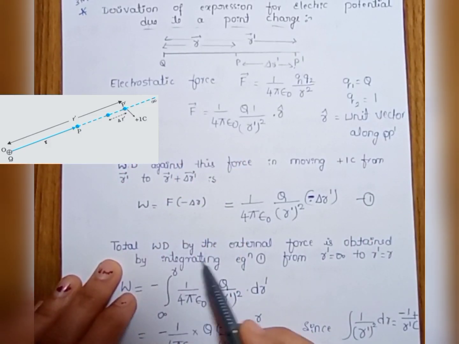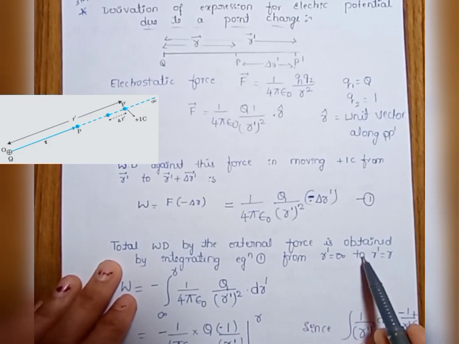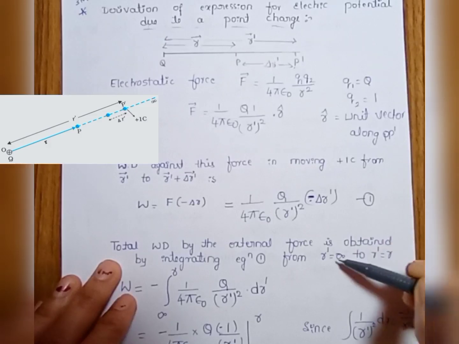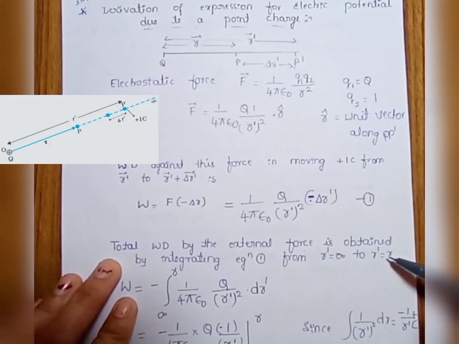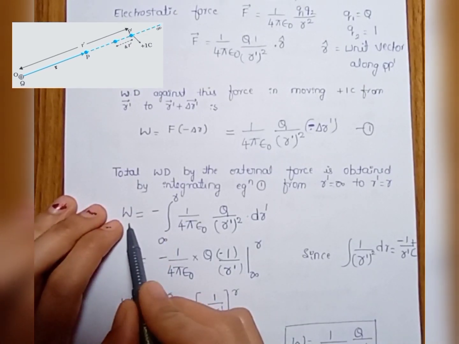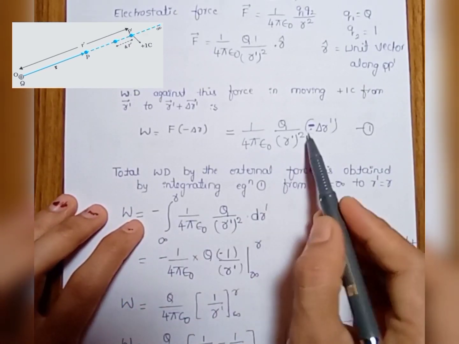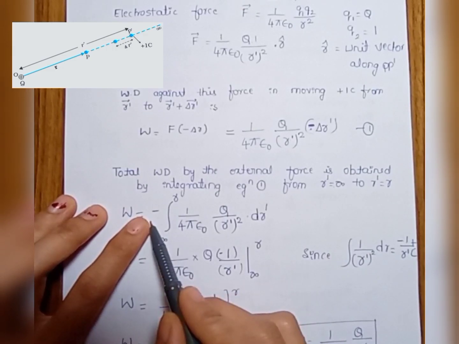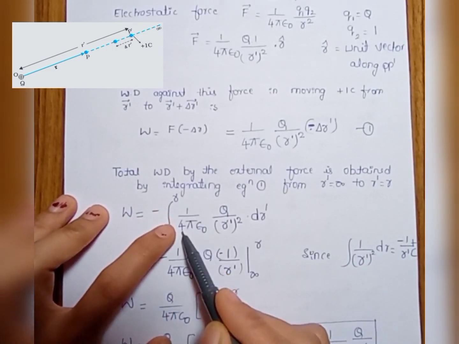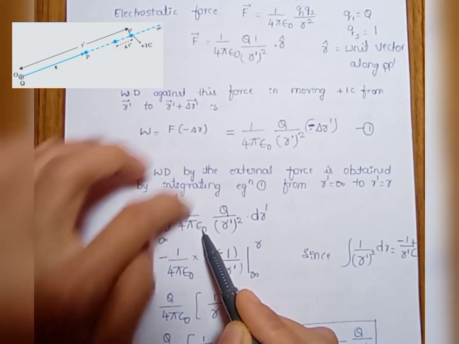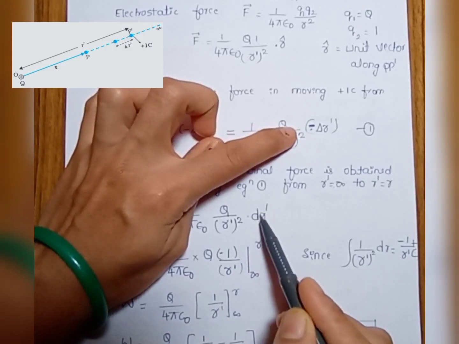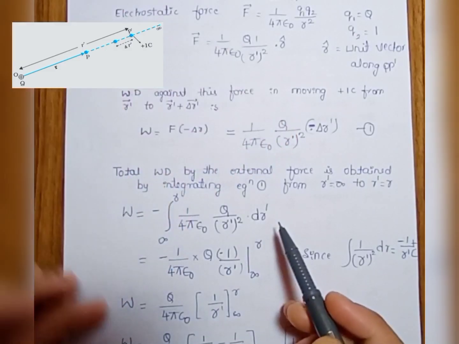The total work done by the external force can be obtained by integrating equation 1 from R dash equals infinity to R dash equals R. Then equation 1 becomes W is equal to negative, just take the minus outside, integration from infinity to R of 1 divided by 4 pi epsilon naught Q divided by R dash whole square into dr dash.